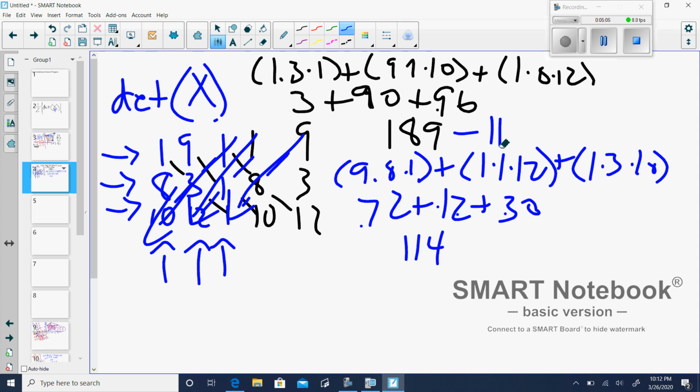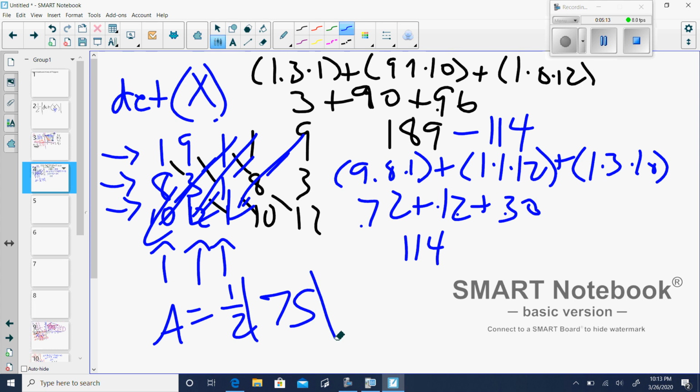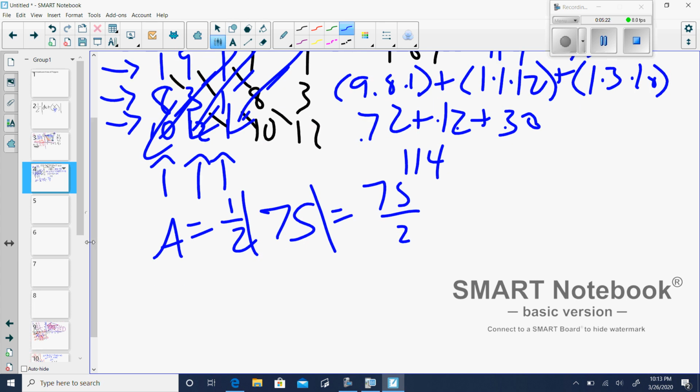So 189 minus 114 is going to be 75. So our area is 1/2 times the absolute value of 75, which is 75 halves, or 37.5. And since we're talking about area, the units are going to be square units.